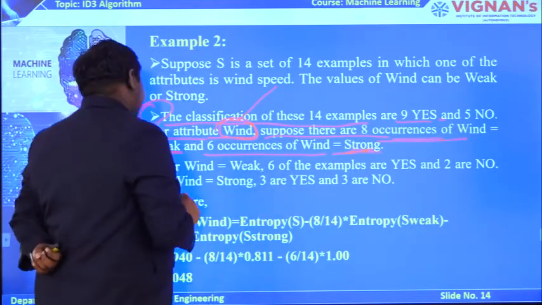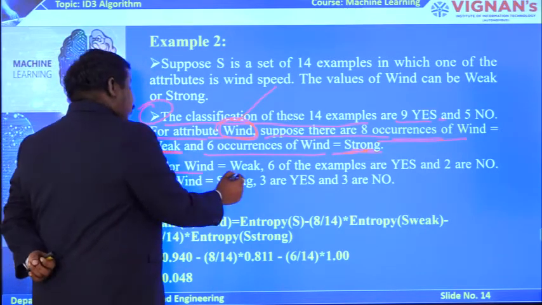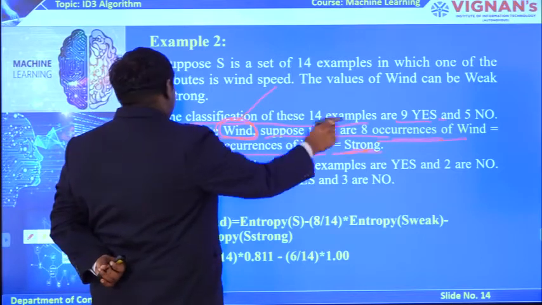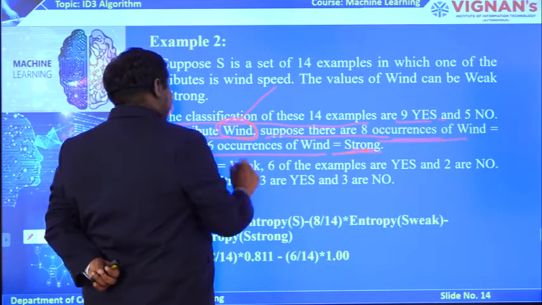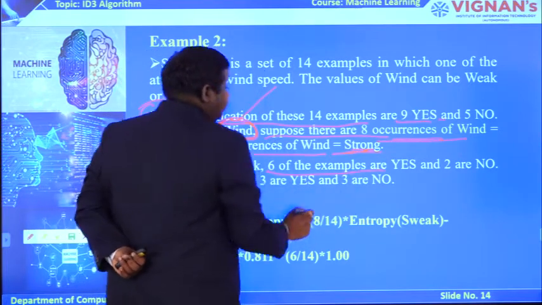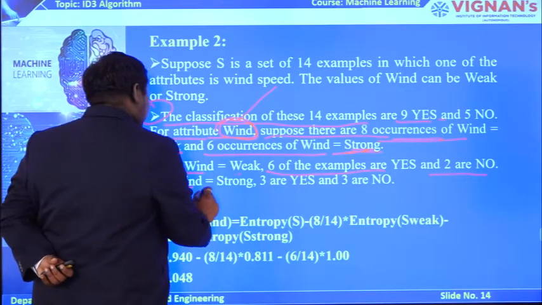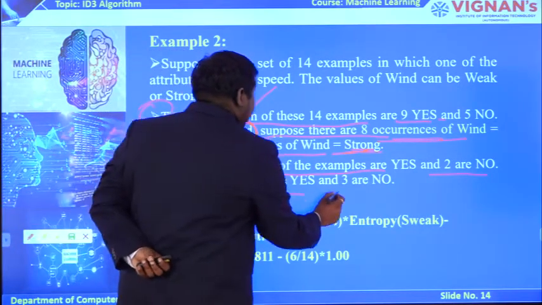This is the first condition. Second condition: for wind equal to weak, 6 of the examples are yes and 2 are no. For wind equal to strong, 3 are yes and 3 are no.